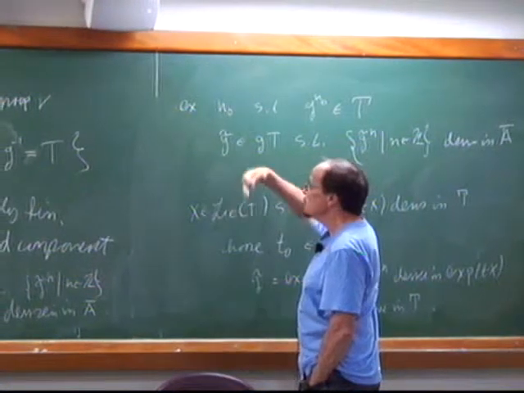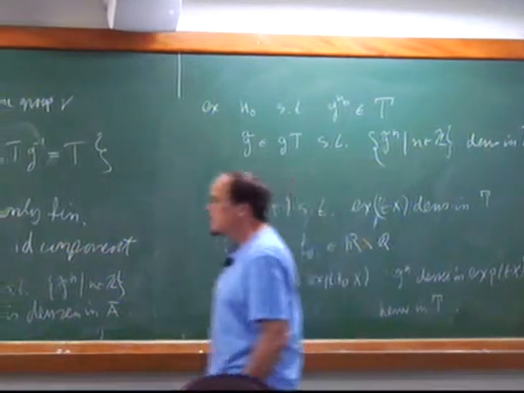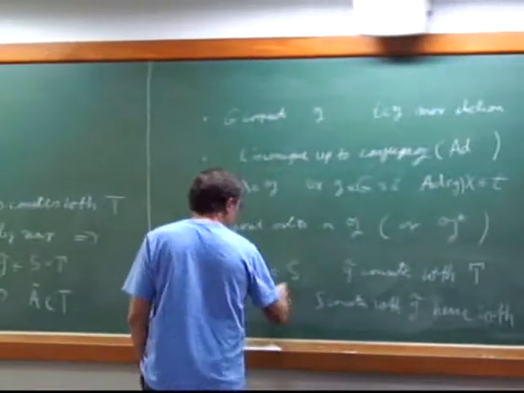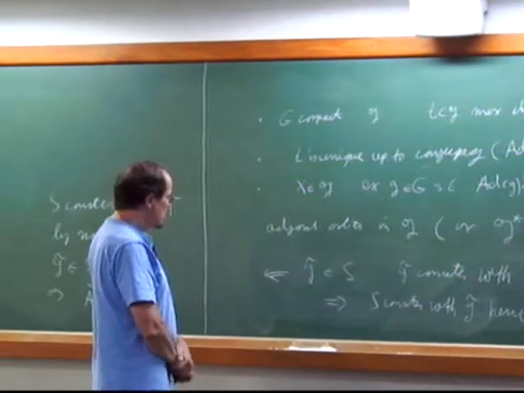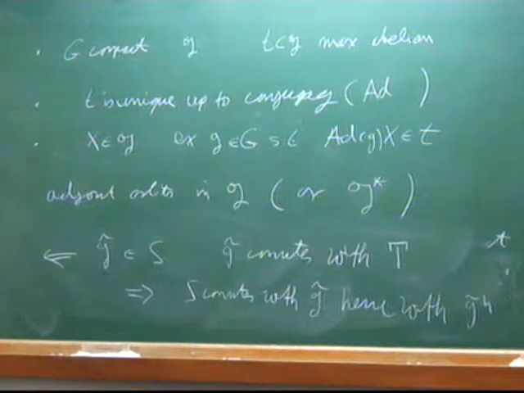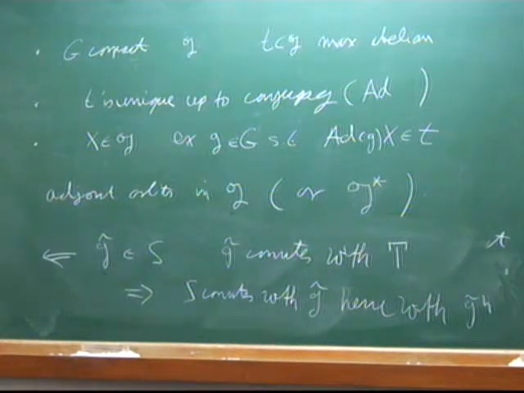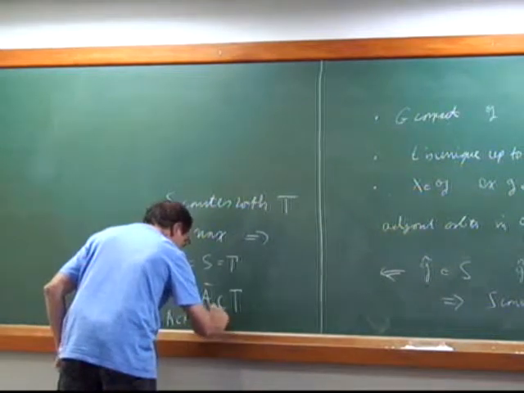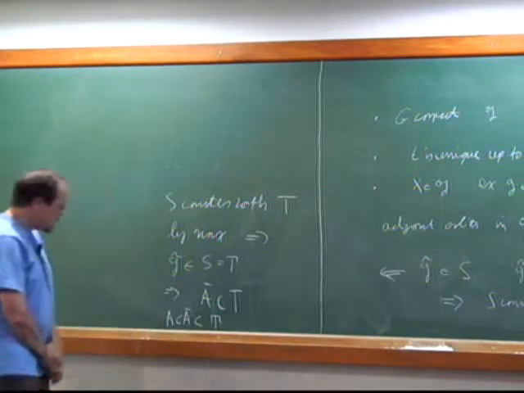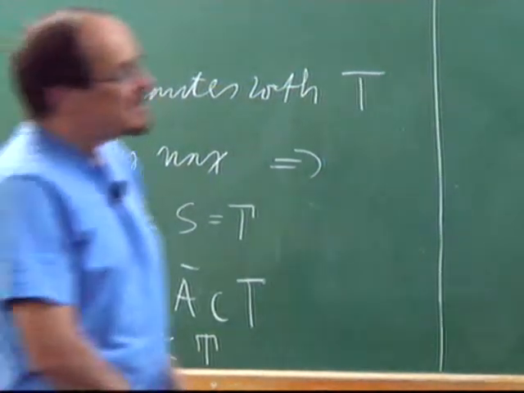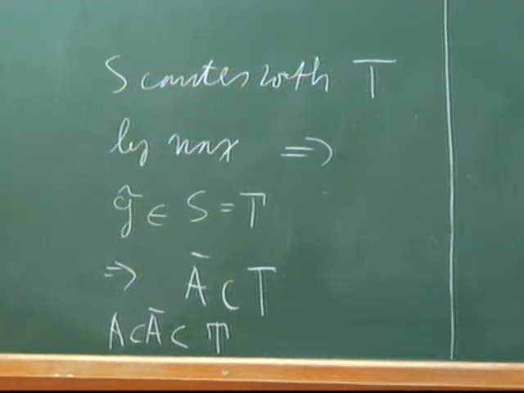And then I show that this new element lies in the maximal torus, so G tilde lies in S. But now we show that S is equal to T. So all of A tilde lies in T. A tilde contains A. So A lies in T. So I found some maximal torus which contains A. So it means that A is equal to T. So that shows this.